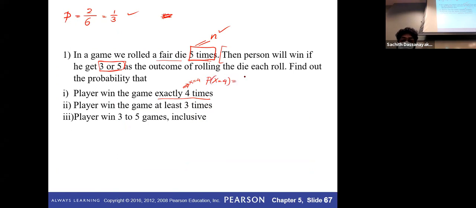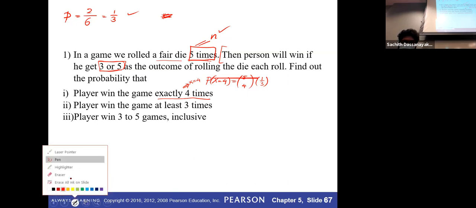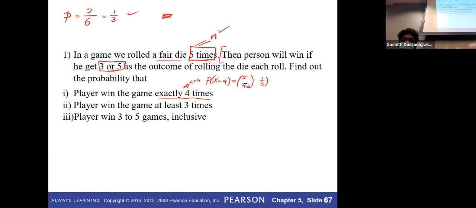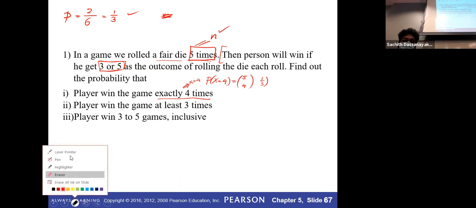Binomial coefficient, it is n choose x. N is 5, x is 4. Clear? Then what is P? P is 1/3. P to the power x. So what is x? It is 4.